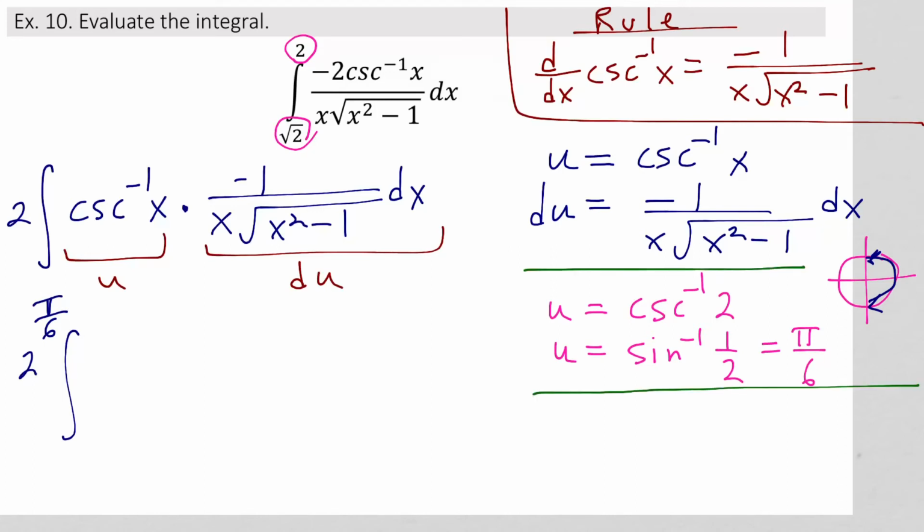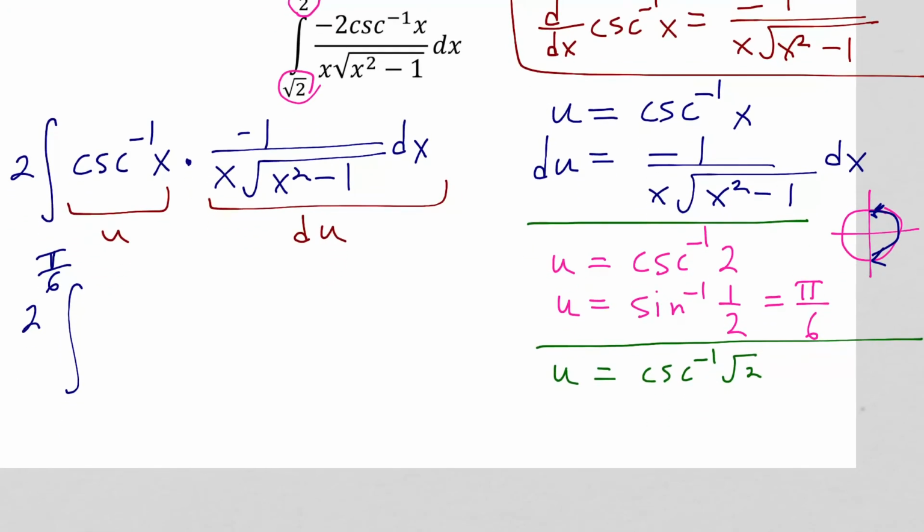Now for my lower limit of integration, I've got u equal to the inverse cosecant. So I'm substituting radical 2 in for x now to find out what u would be. So that means I'm looking for the angle whose got a sine of 1 over radical 2.